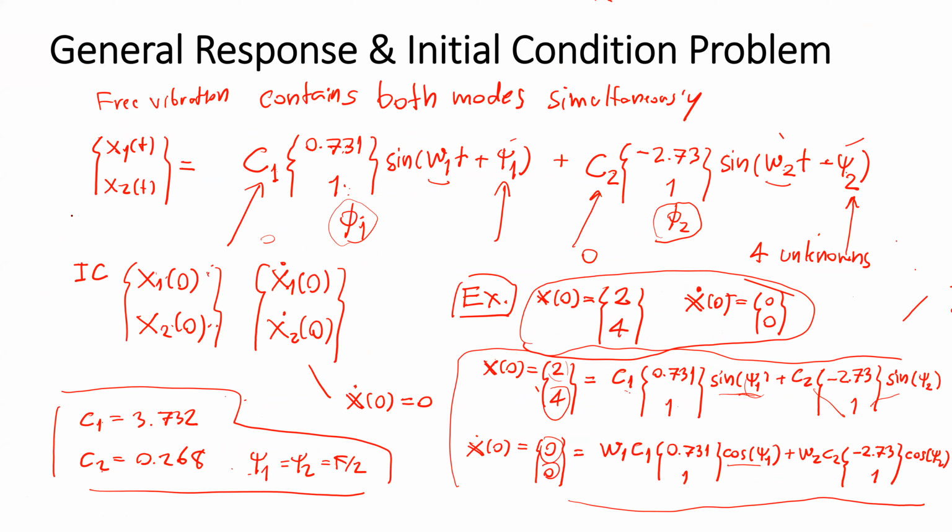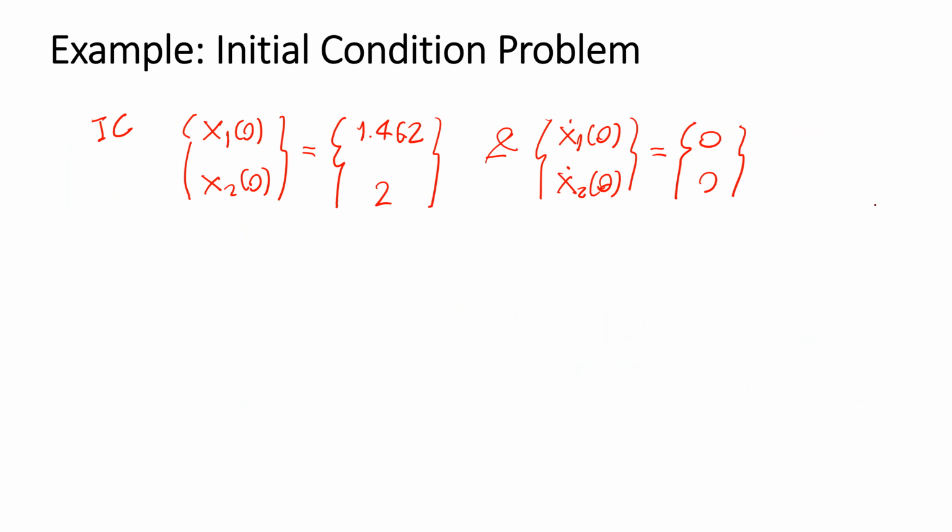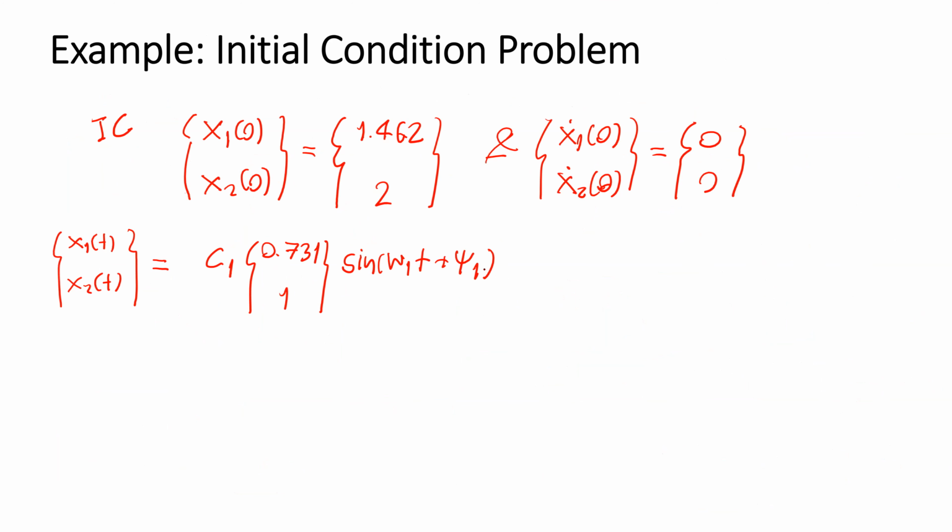If you remember this equation, the general response of the second order system, x1 and x2, the general response will equal C1 multiplied by the first mode of the magnitude ratio, and C2 multiplied by the second mode of the magnitude ratio.